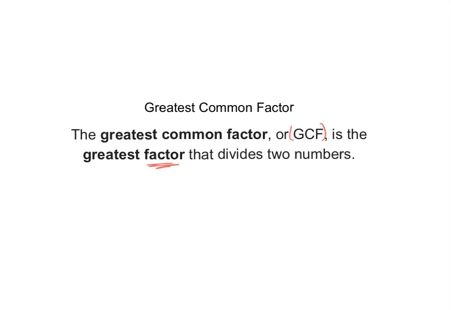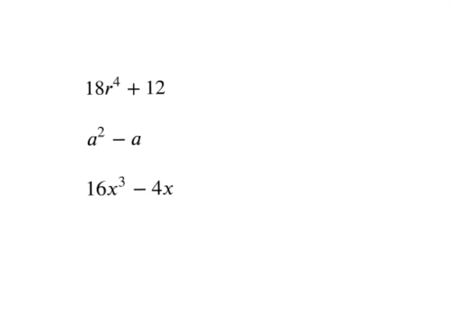Let's look at an example. Here are three examples of some expressions, and we're going to look for our greatest common factor, and then we're going to try and factor these. In this first expression, we've got 18r to the 4, and we've got a 12.